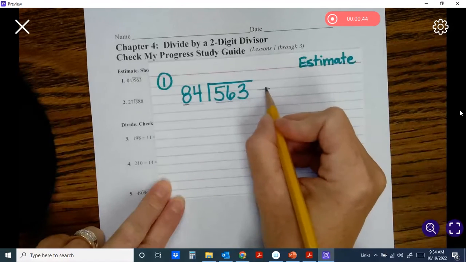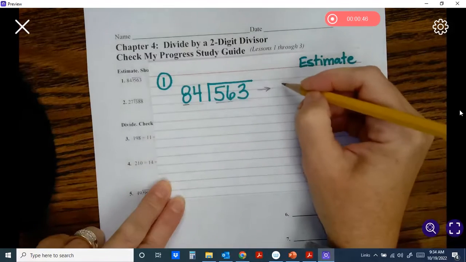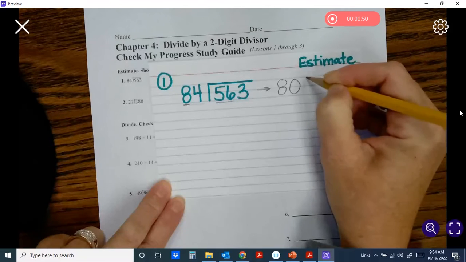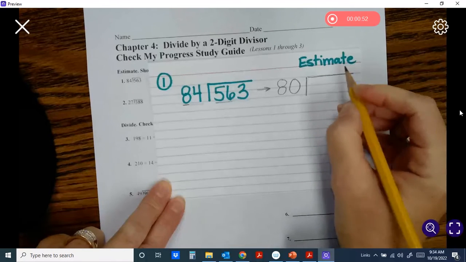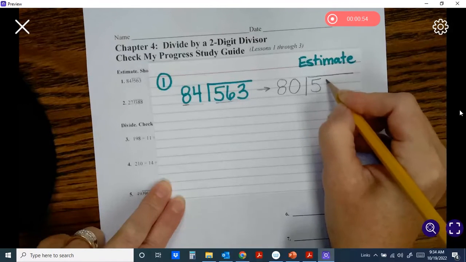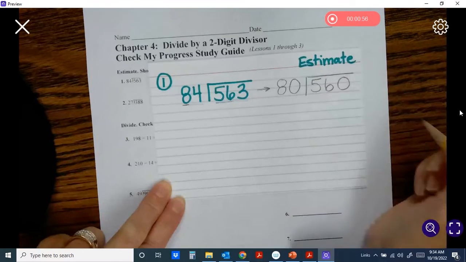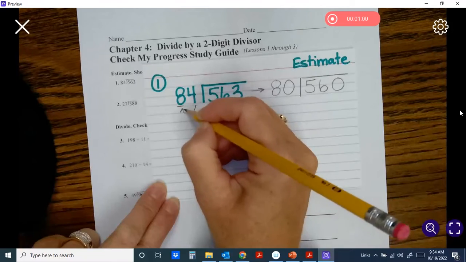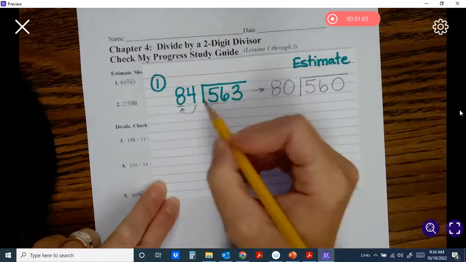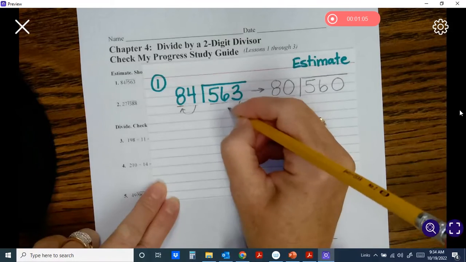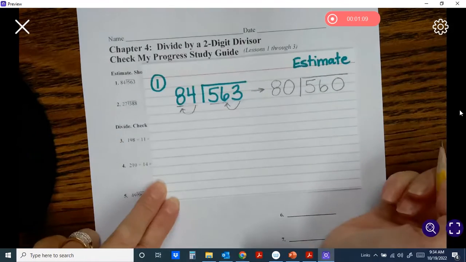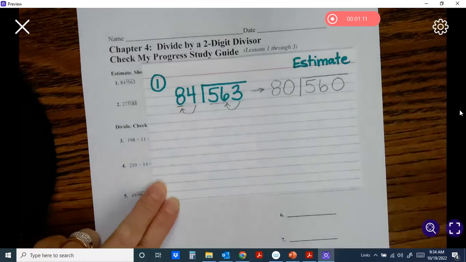So I'm going to change my problem to 80 and 560. Now, I could say that I rounded because 84 rounds to 80, and 563 can round to 560, okay?